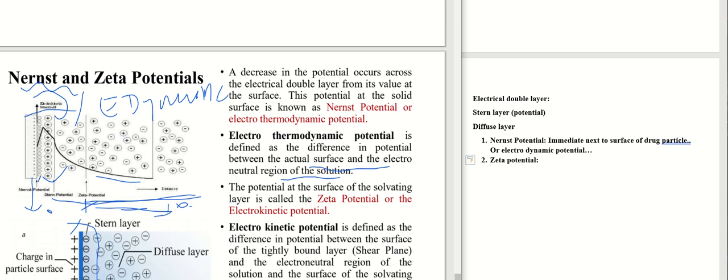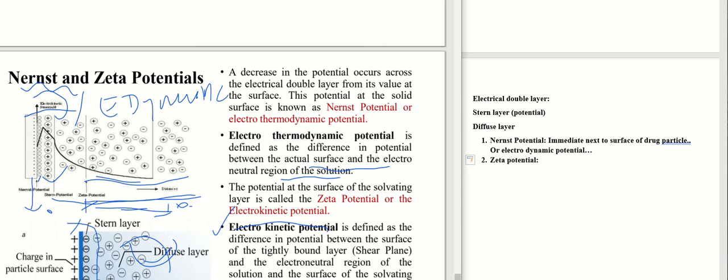The potential at the surface of the solvating layer, this is called the solvating layer, nothing but the diffuse layer. The potential that exists in this layer is known as zeta potential. And because of this diffusion of ions, the movement of ions is seen. So this potential is also known as electrokinetic potential in some literature.